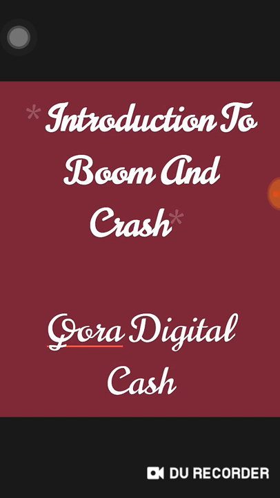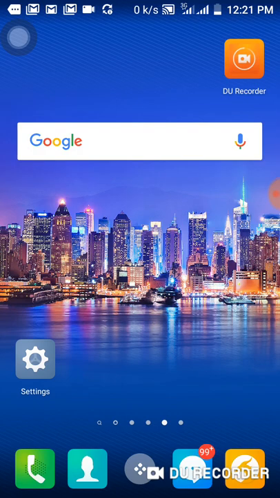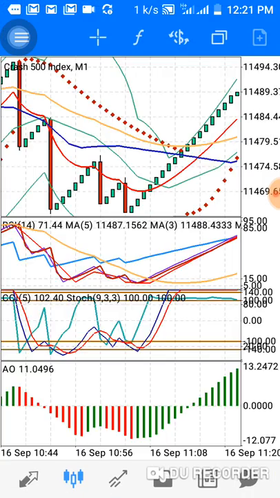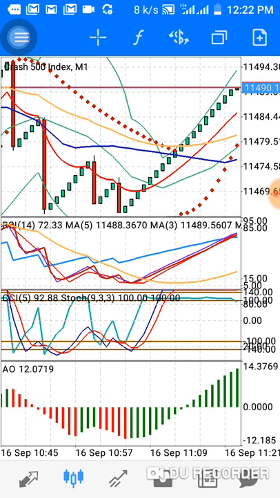They are special assets, boom and crash. So let's go to the platform. Yeah, they are usually on MT5. You find them on MT5. We have Crash 500 and Crash 1000. We also have Boom 1000 and Boom 500.